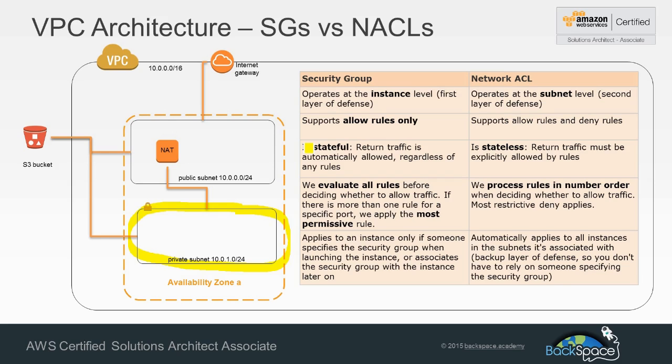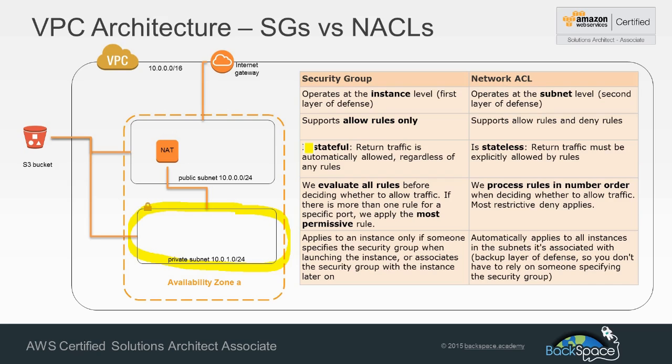In contrast, with a network ACL, we process rules in number order when deciding whether to allow that traffic or not, and the most restrictive deny applies. Not the most permissive, the most restrictive deny applies with a network ACL. A security group applies to an instance only if someone specifies a security group when launching that instance, or associates a security group with the instance later on.